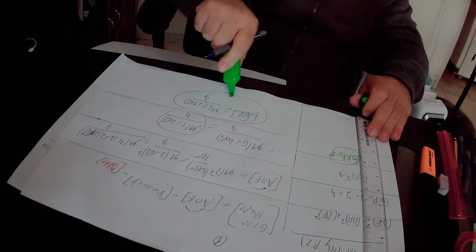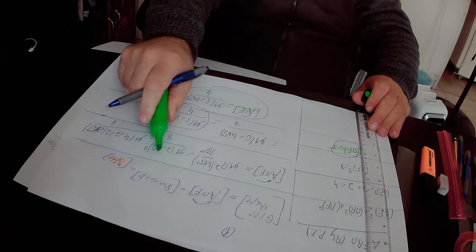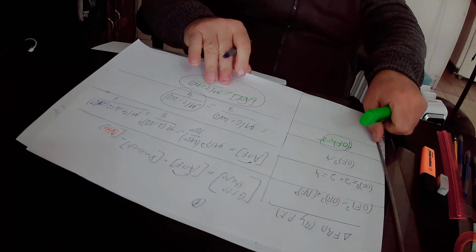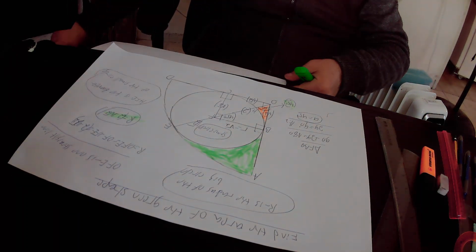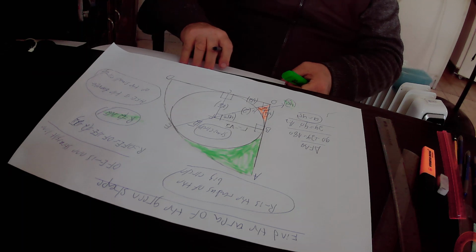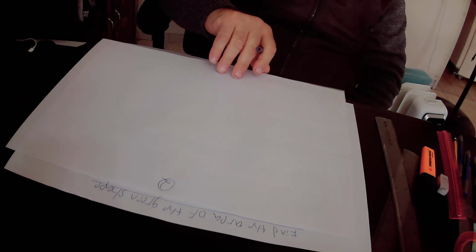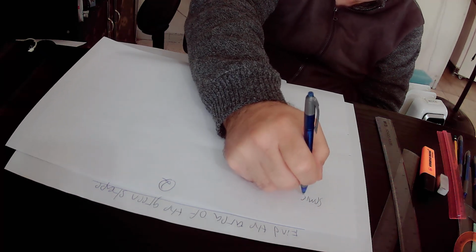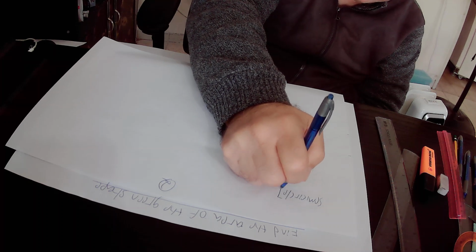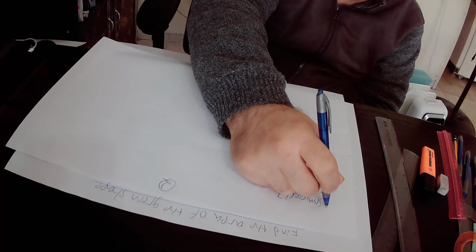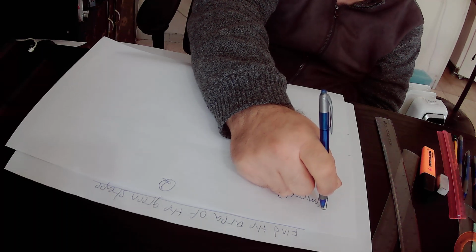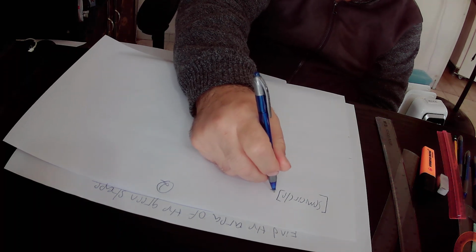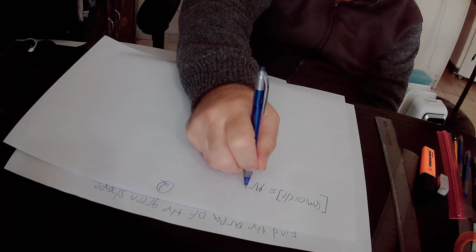In the next step, we find out the area of the small semicircle. The small semicircle is half of the small circle, and the area of the small circle is pi r squared.